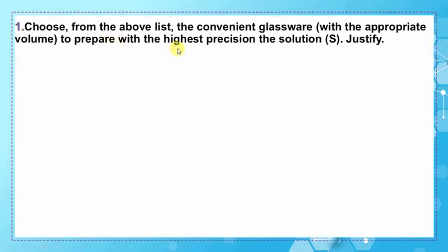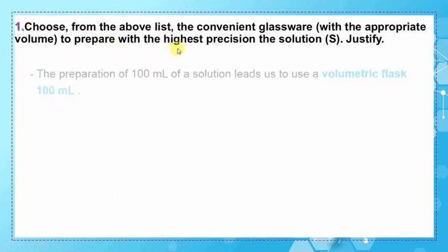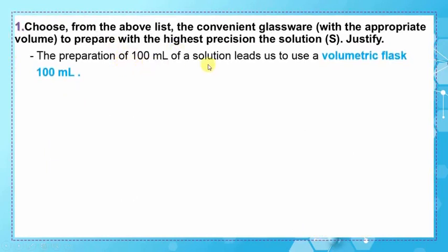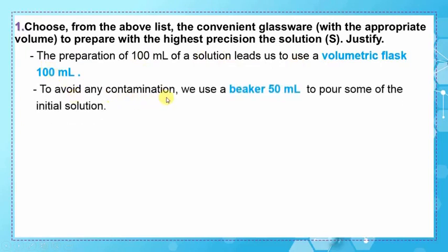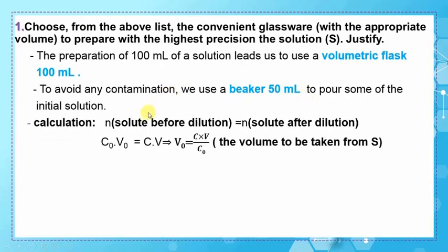Choose from the above list the convenient glassware and justify. The preparation of 100 ml of a solution leads us to use a volumetric flask of 100 ml. And to avoid any contamination, we use a beaker of 50 ml to pour some of the initial solution. Calculation: number of moles of solute before dilution equals the number of moles of solute after dilution. C0 times V0 equals C times V. Then V0 equals C times V over C0.